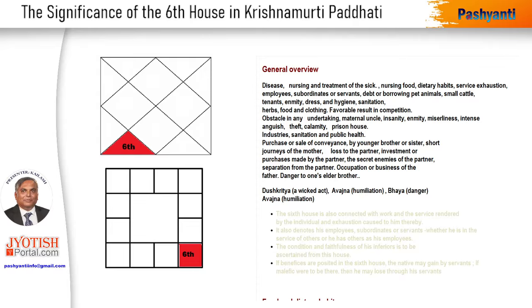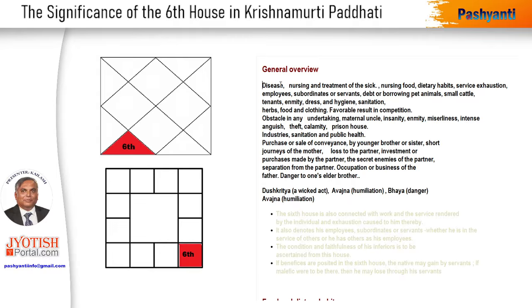Now, if you look at the general overview, these are some of the keywords, and because every house in Jyotish indicates so many things, the 6th house also indicates so many things. My idea is not to overwhelm you, but it's a good idea to have a quick overview of what the 6th house indicates.